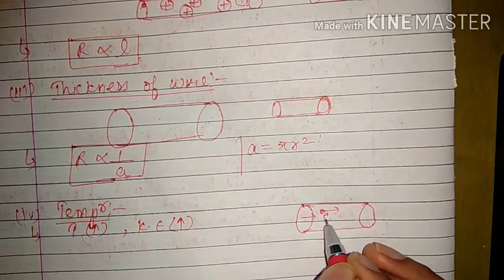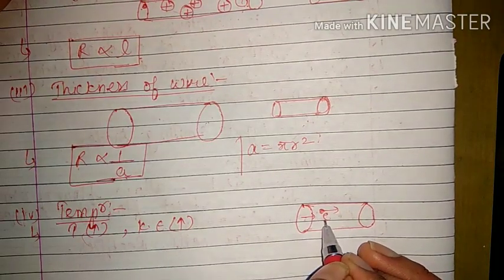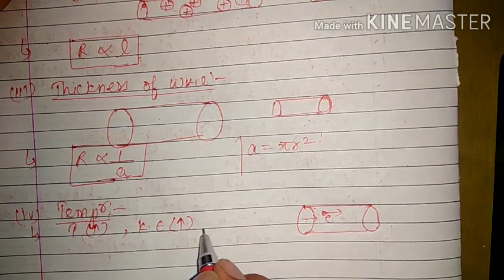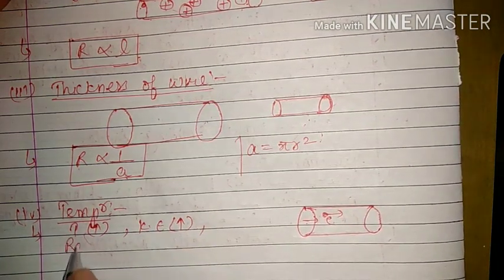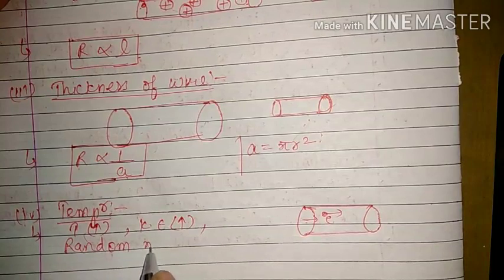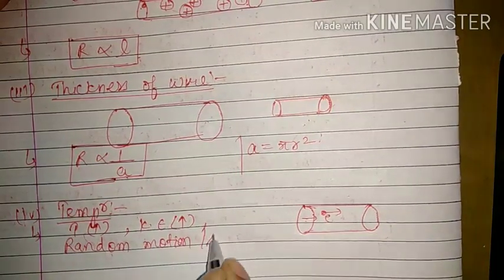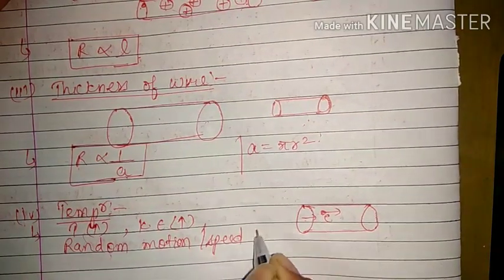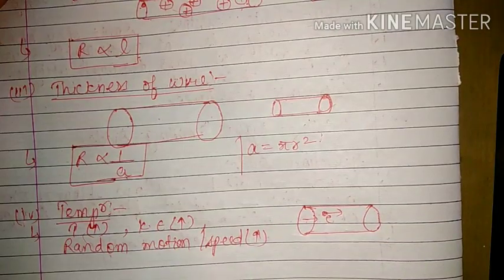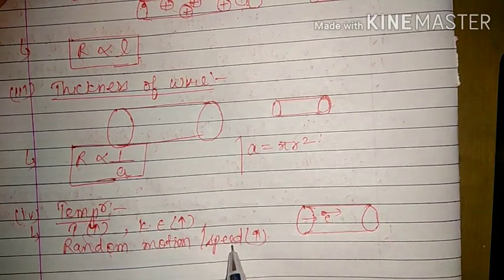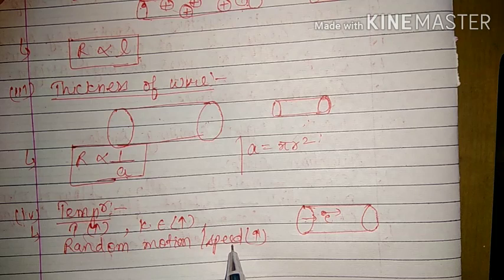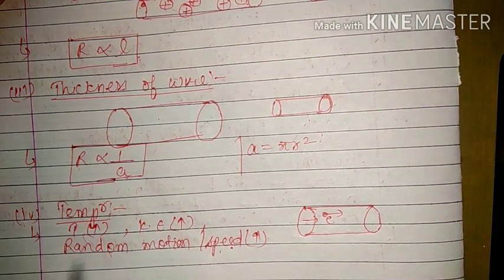that will increase their kinetic energy, and the kinetic energy will increase their random motion, or in other words we can say their speed. Random motion or speed. Here actually these two words are not exactly the same, because basically with increase in the speed, current increases and resistance decreases, but this is random motion.